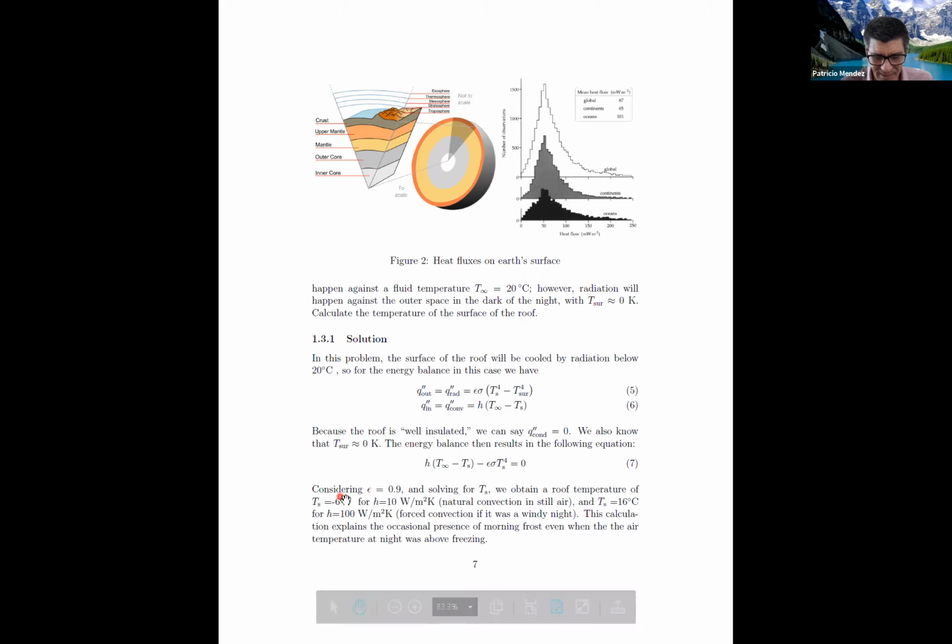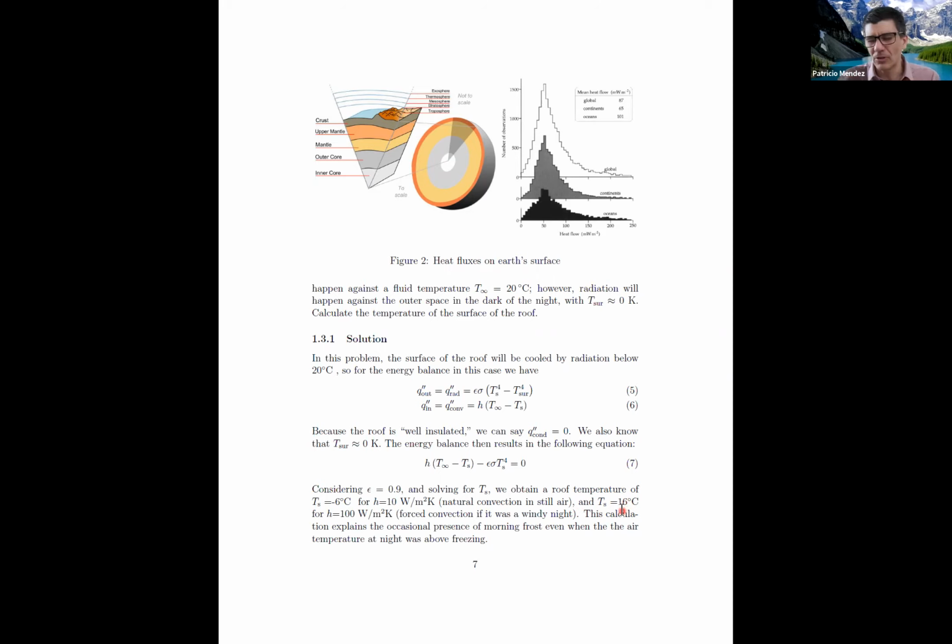And this is really cool. Now, if we were to have wind, the convection coefficient would be 100. So the effect of convection, the heat in, would be much higher. And if we do the same balance, again, we end up that the surface of the roof of the house would be at plus 16 degrees.